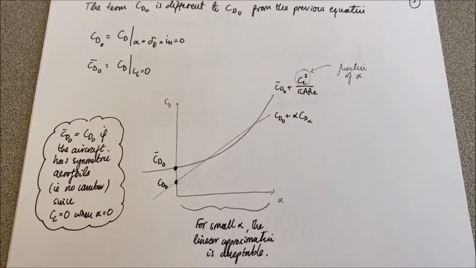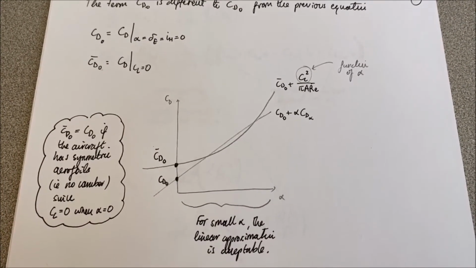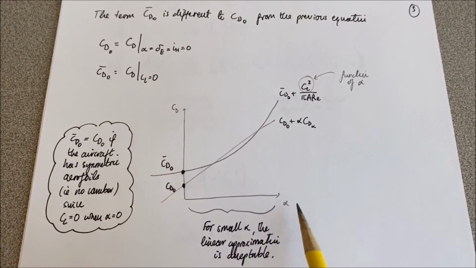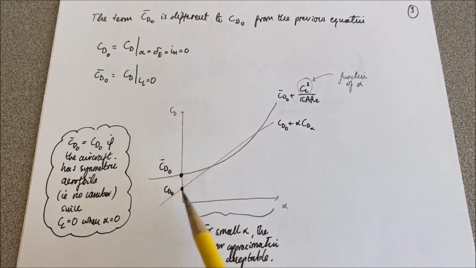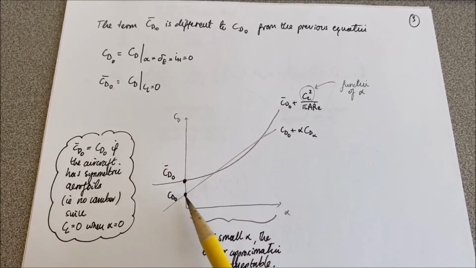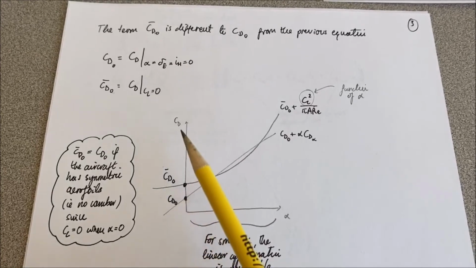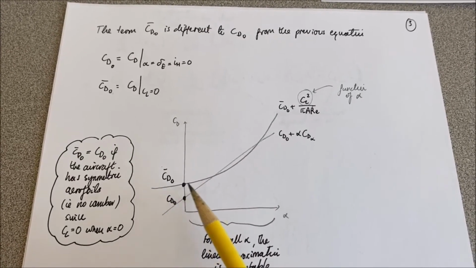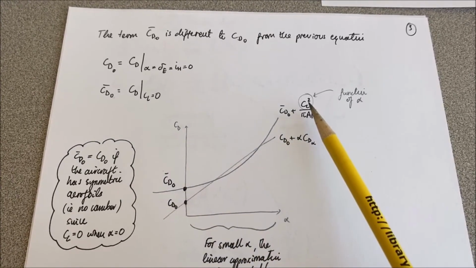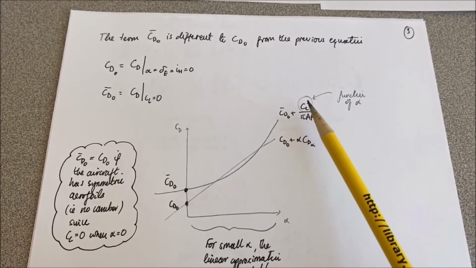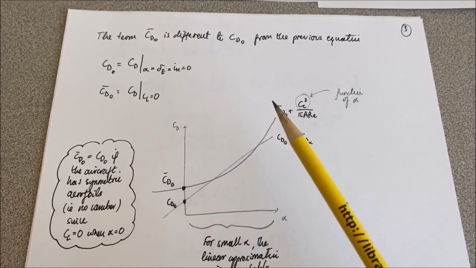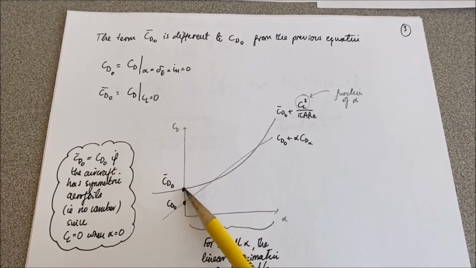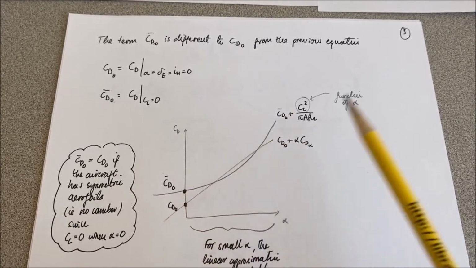We have a linear one and we have a quadratic one, right? So if we plot the drag versus angle of attack, we have this linear one here where the y-intercept on the CD axis is going to give us our CD0, and then we have this quadratic one because CL squared depends on alpha, right? So we have this quadratic function here, where its intercept with the y-axis is going to be this CD0 bar.